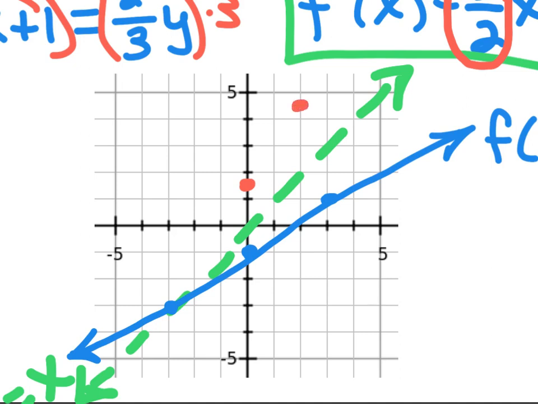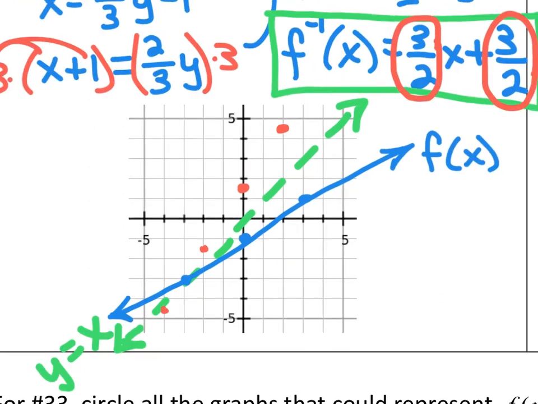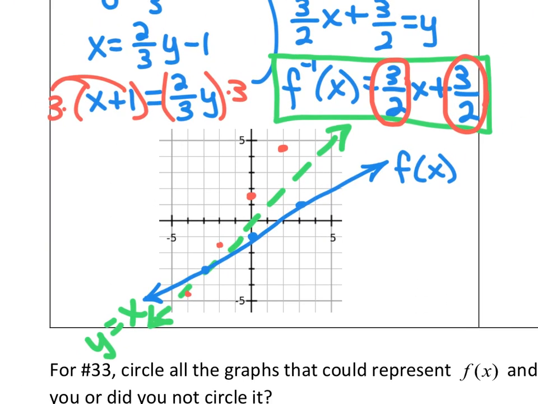And again, I'm going to go backwards so that I can get a really good slope going on my line. And so my inverse function then should look like this. And I'm going to also label that equation f inverse of x so that your teacher knows which line you're graphing where.